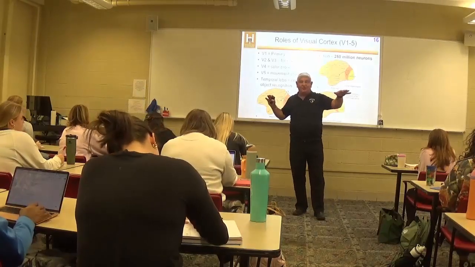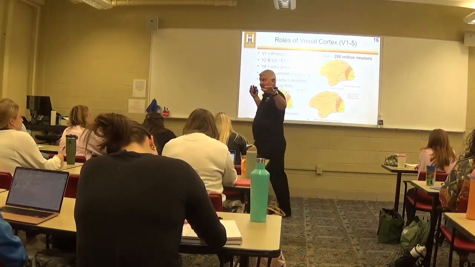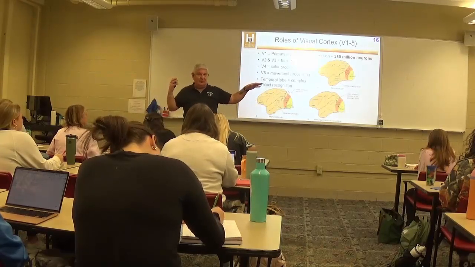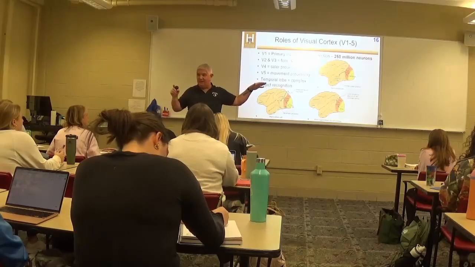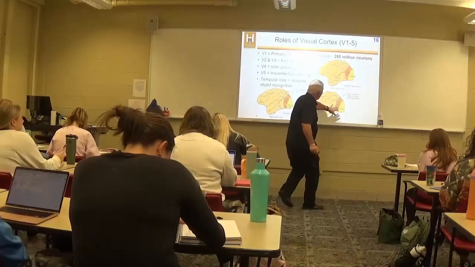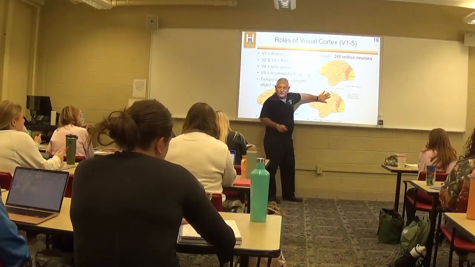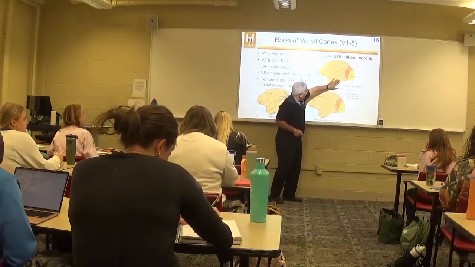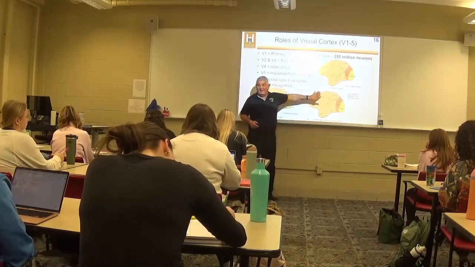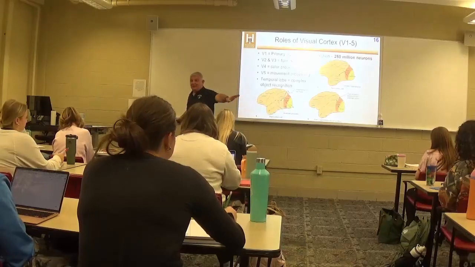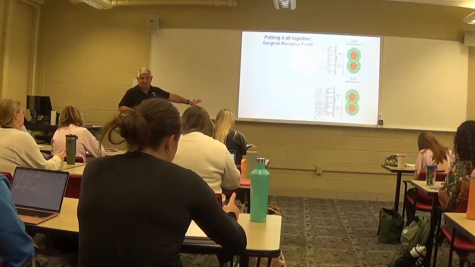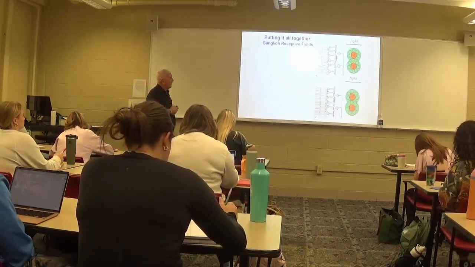And what else does a big chunk of the back part of our frontal lobe, in front of the central sulcus, do? Movement. So this pathway is, what do I do with this visual stimulus? The other pathway is, what is that thing? This pathway is, what do I do with it? Do I need to make a decision about it? Do I need to make a motor response to it? What am I going to do with that thing?